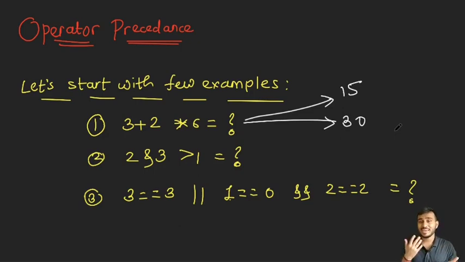Now the main question here is which way is correct, way 1 or way 2. The answer lies in the rules that every language uses, and those rules are called precedence rules of the operators. Whenever we have a compound expression, there are going to be multiple operators, and we need a set of rules to decide which operation or sub-expression to execute first.